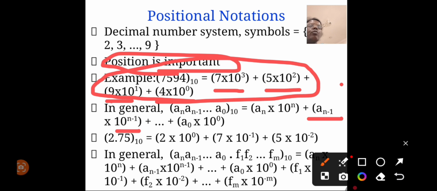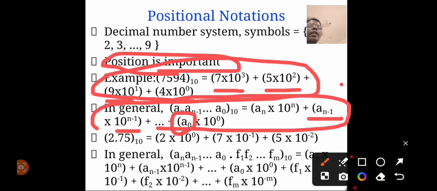It goes up to a0, the least significant digit, which must be multiplied with 10 power 0, since its place value is 0.